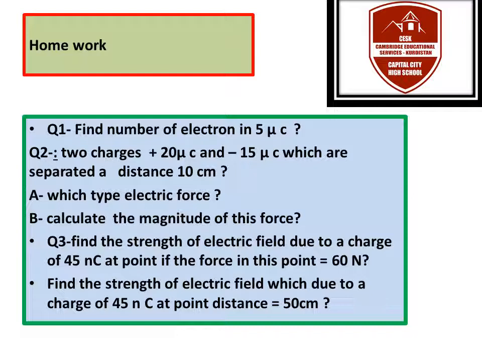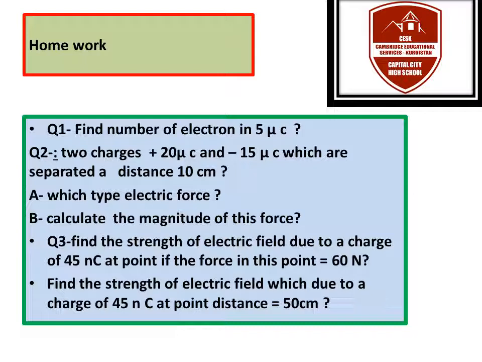Question 3. Find the strength of the electric field due to a charge of 45 nanocoulomb at a point if the force at this point equals 60 Newton. Here this question asks about E. We need the general formula. Remember, E equals force divided by charge.